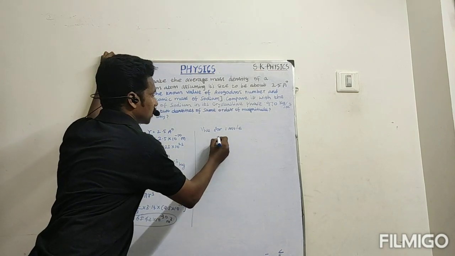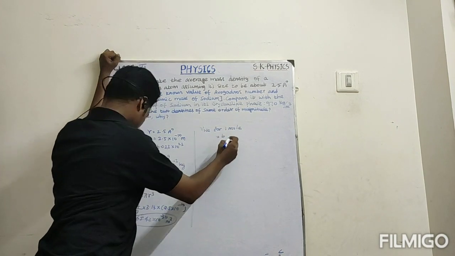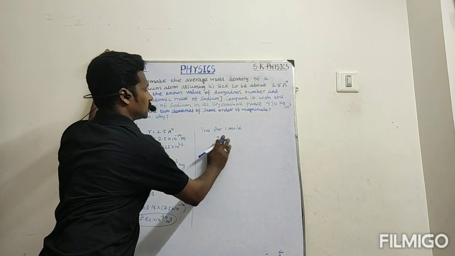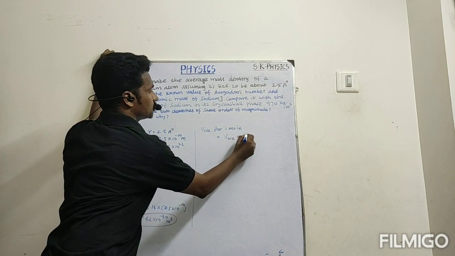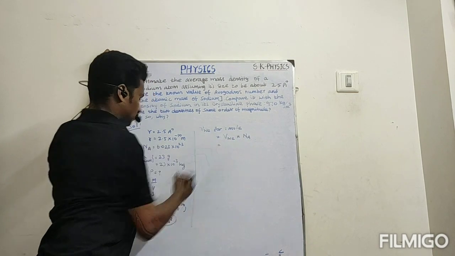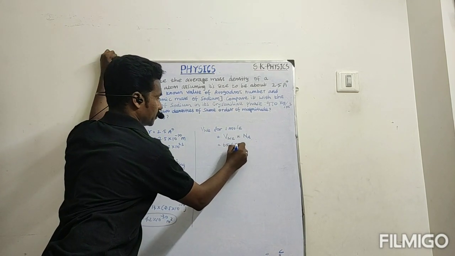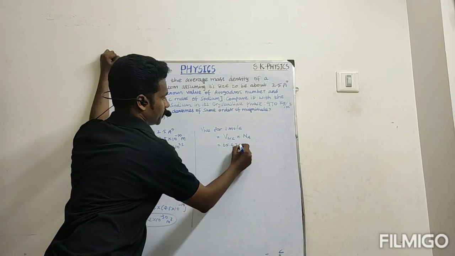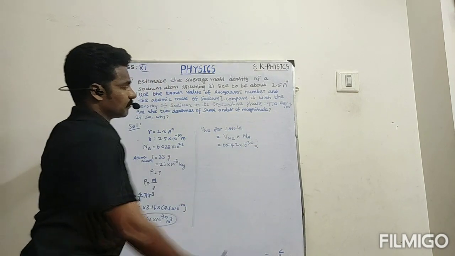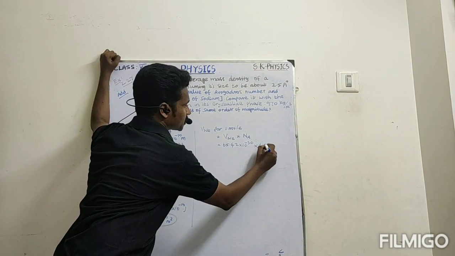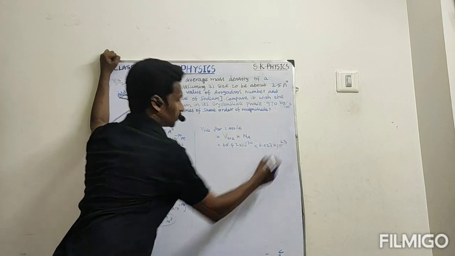So for that many atoms, each having that volume, that is, volume of a sodium atom into the Avogadro number. So 65.42 into 10 power minus 30 into the Avogadro number, 6.023 into 10 power 23.